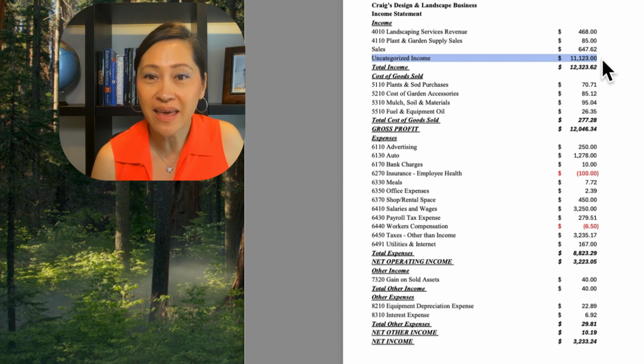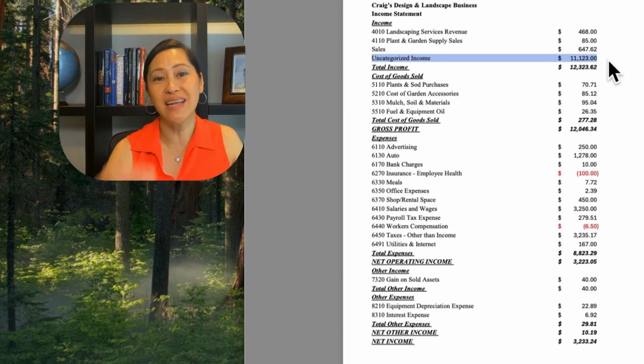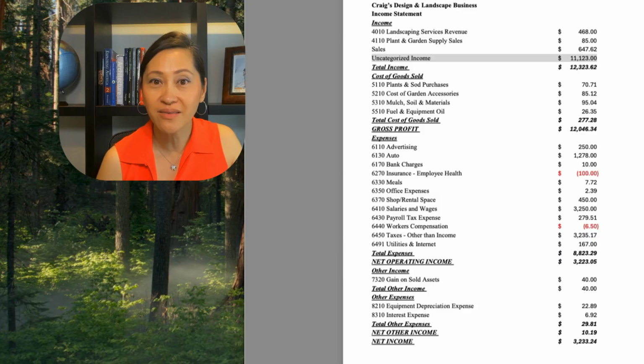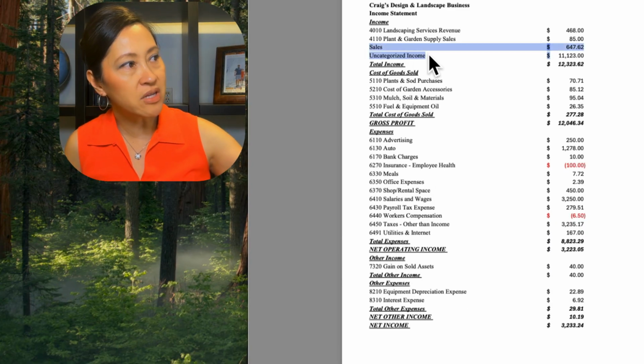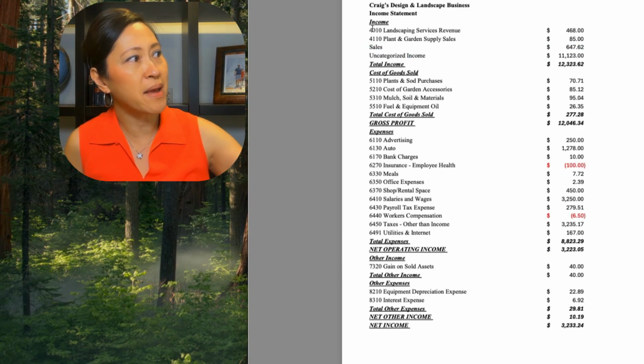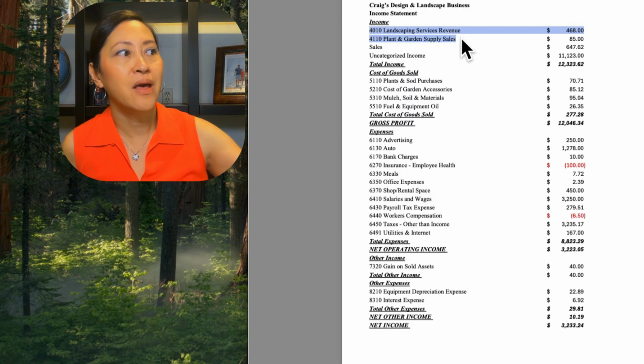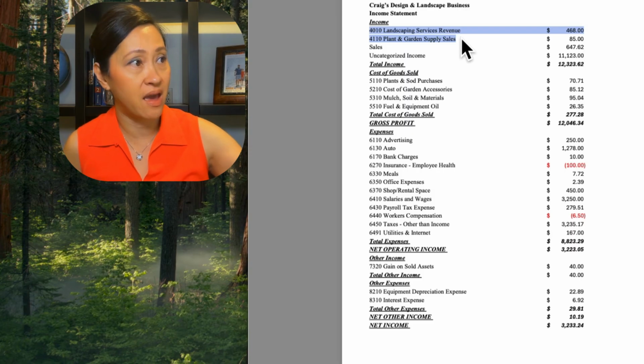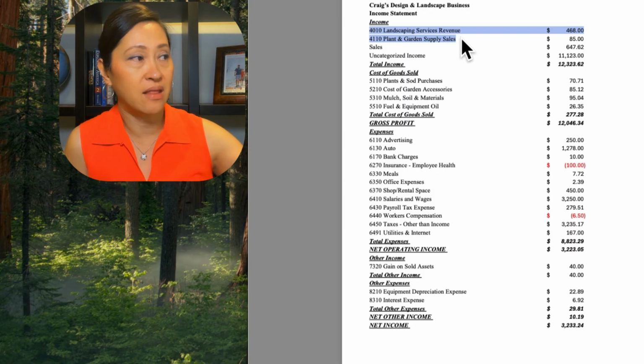Giving each income account a clear name helps anyone reading the income statement understand exactly where the money came from. No guessing required. Alternatively, some of the transactions in these two accounts might actually belong in other more specific income accounts, so we could relocate them there.